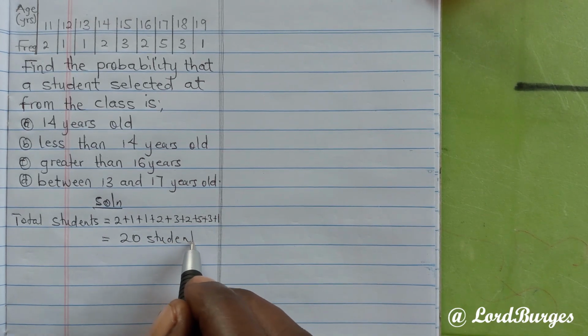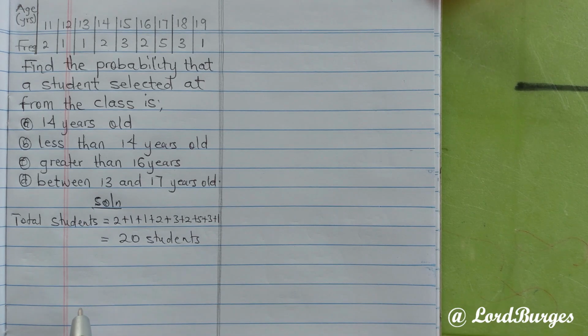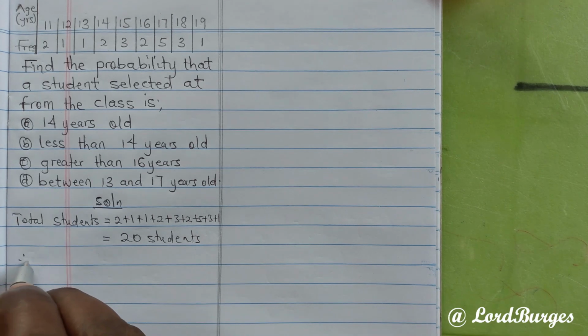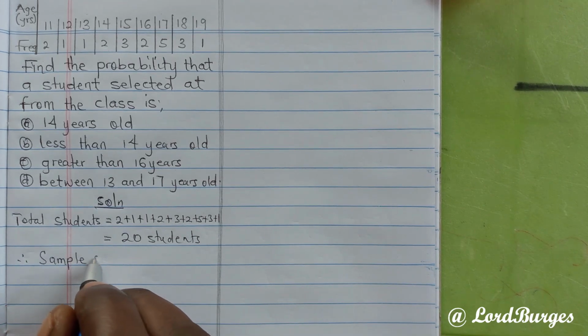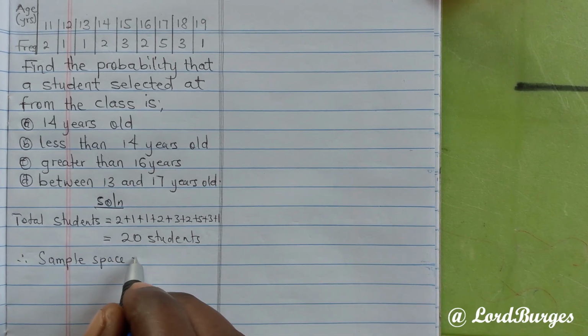So there are 20 students in the class. Therefore, sample space is equal to 20.